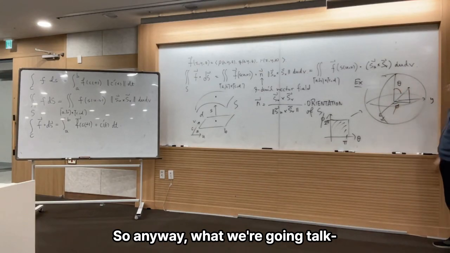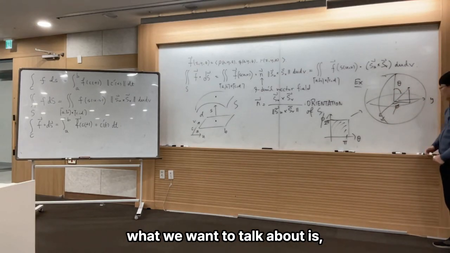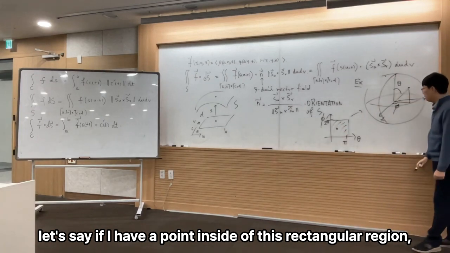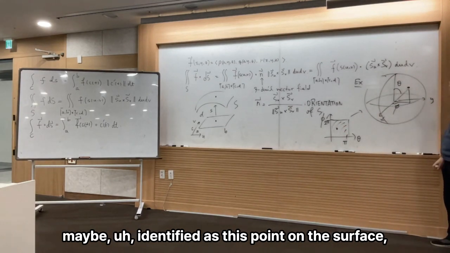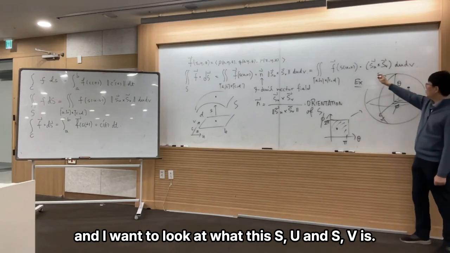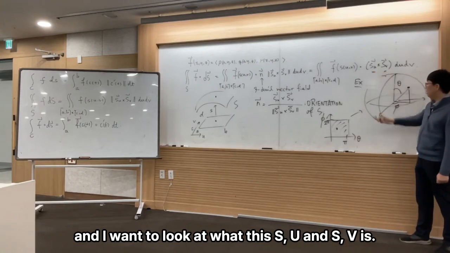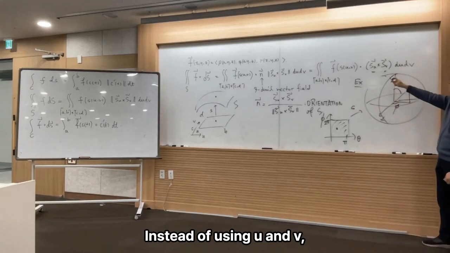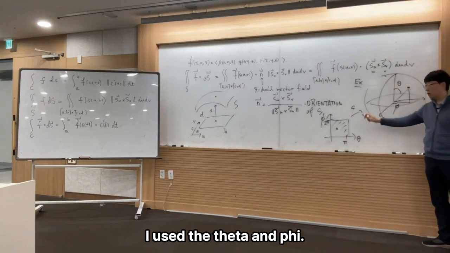So anyway, what we want to talk about is, let's say I have a point inside of this rectangular region, identified as this point on the surface, and I want to look at what S_u and S_v are. In this case, S is the mapping, and instead of using u and v, I use theta and phi.